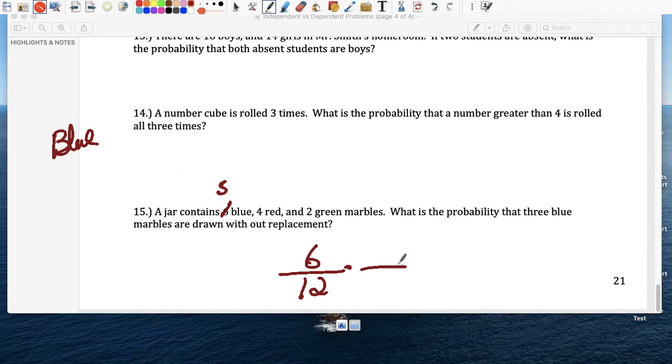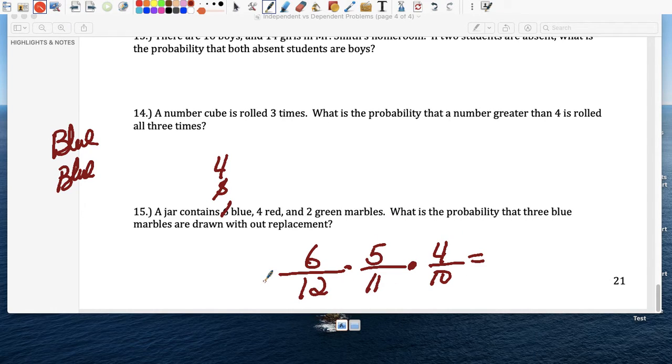So on the second try, what's the probability of me getting a blue? Well, there's 5 blue and a total of 11. So there's another blue. That means that in the bag, now there are 4 blue marbles. What's the probability of getting a blue on the third try? Well, on the third try, I have 10 marbles. And how many blue are there? I have 4. And you can multiply and find your answer.